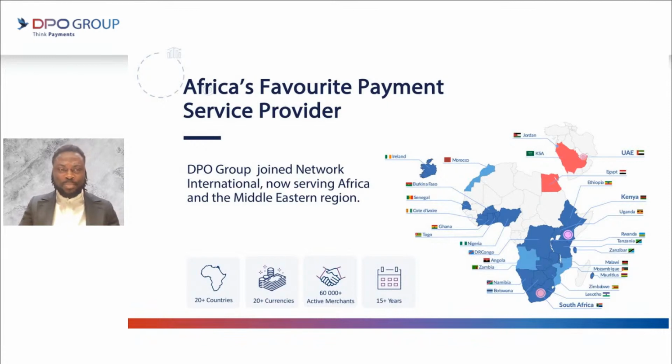I think in October last year, we became part of a bigger family after a landmark acquisition by Network International, which is also a global player in the payment space with headquarters in Dubai. And so what that means for us and our merchants or businesses is that you can now also be connected to clients and customers beyond the borders of Ghana.